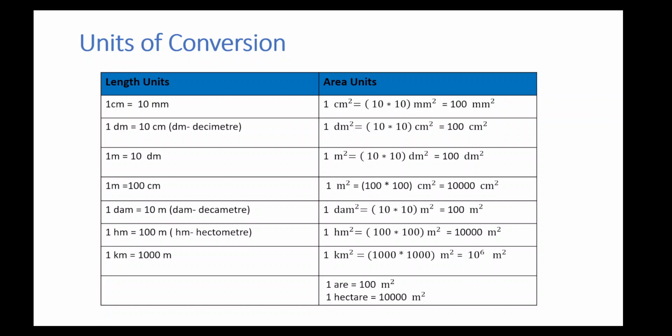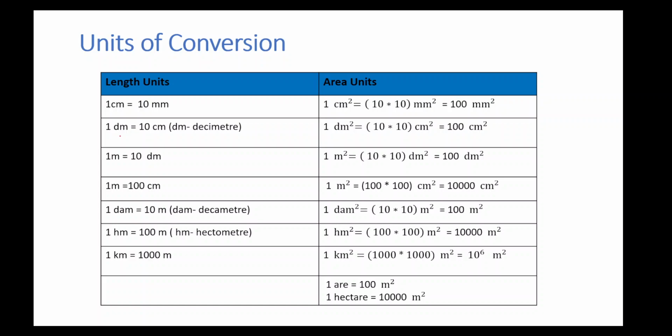Unit conversion. Let us see, if length is 1 centimeter and we want to convert into millimeter, then we have to multiply by 10 mm. 1 centimeter is equal to 10 mm. This is for length. Similarly, for area, 1 centimeter square is equal to 10 into 10, 100 mm square. Mm stands for millimeter.